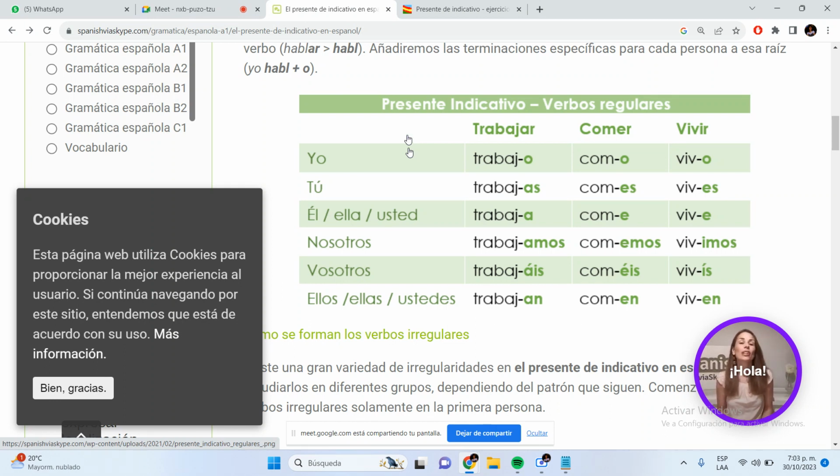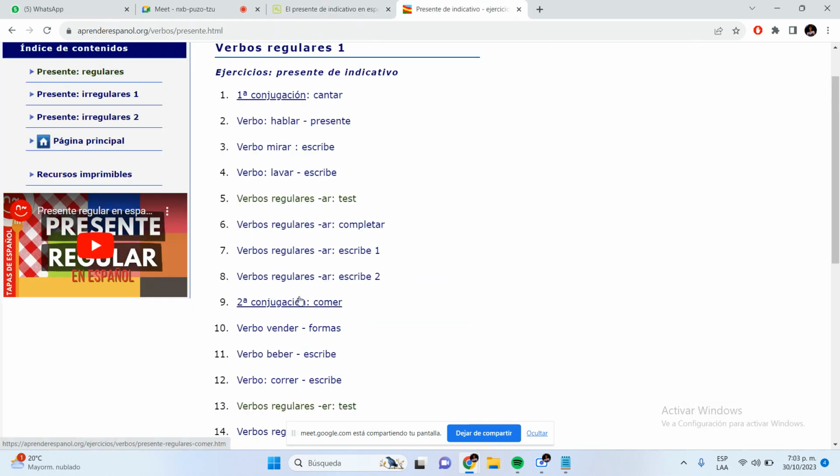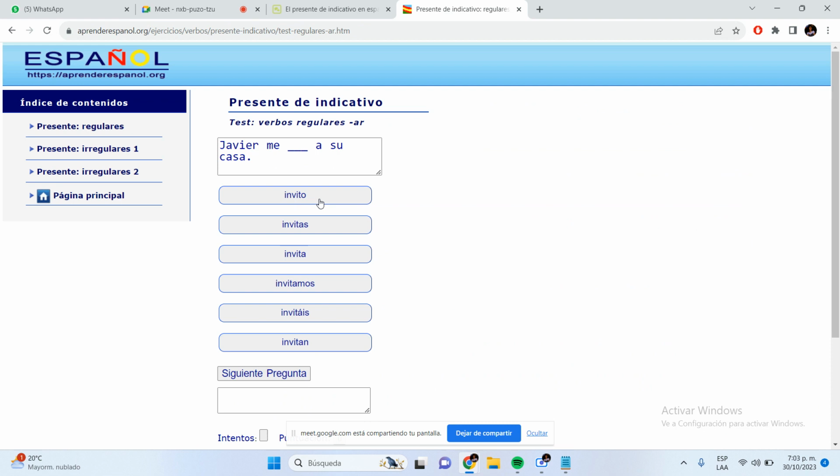Okay. Now we're going to do exercises with AR verbs. So our first verb is invitar. Maybe you know what invitar means. I don't know how to write it in English.